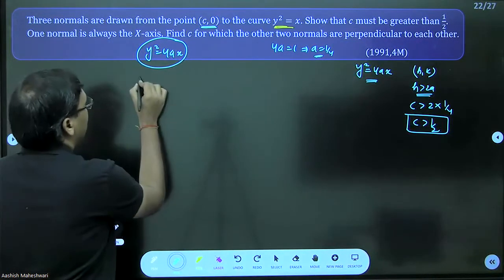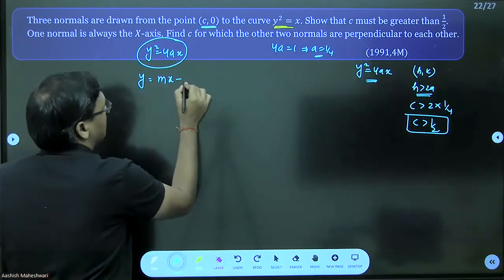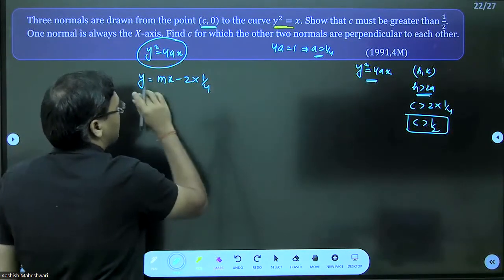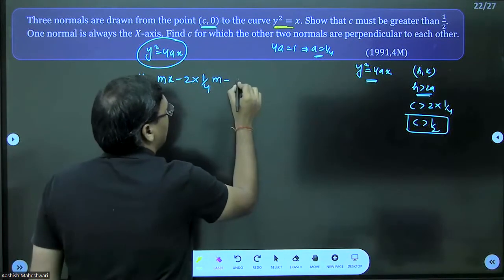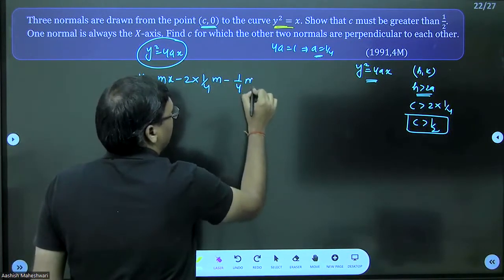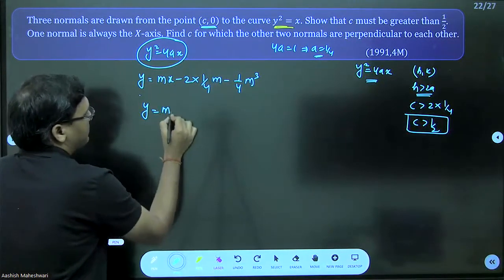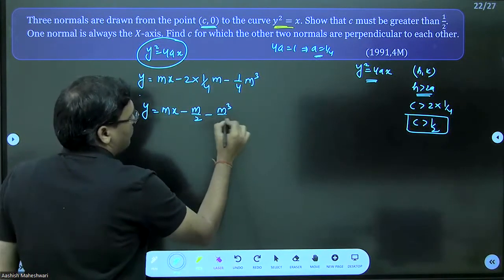What is a for this parabola? 1 by 4. So the normal is y is equal to mx minus m by 2 minus m cube by 4.